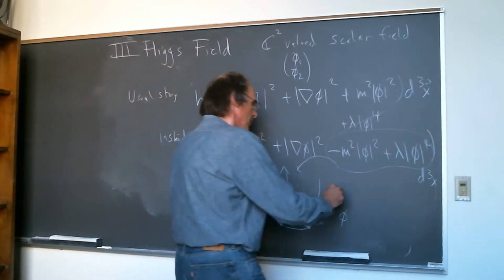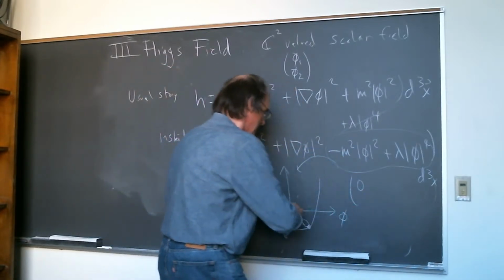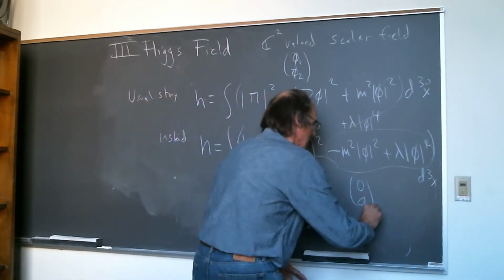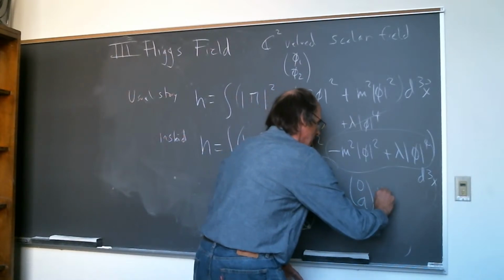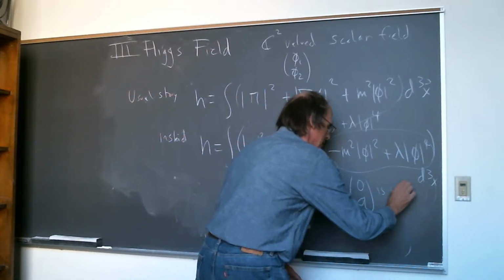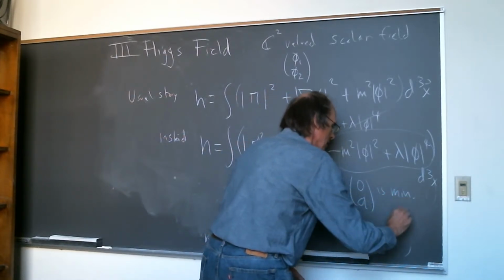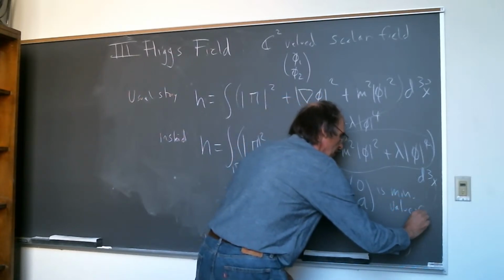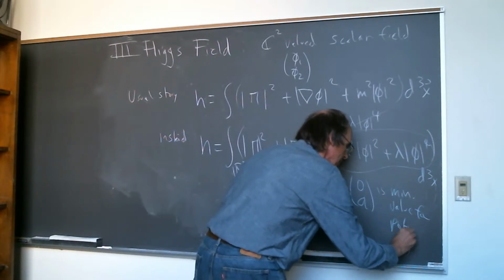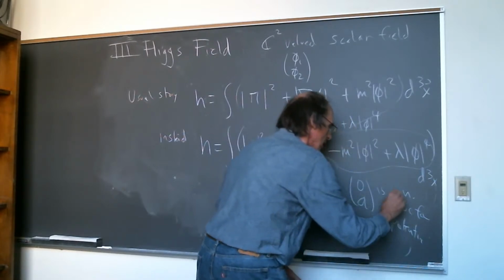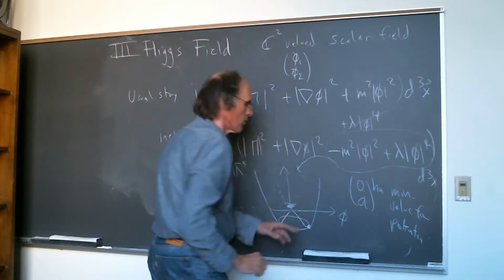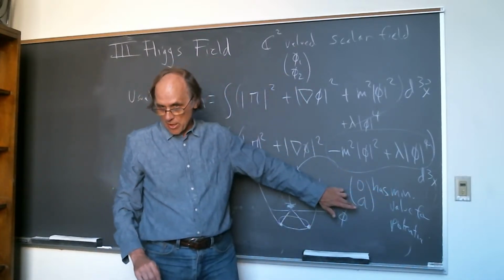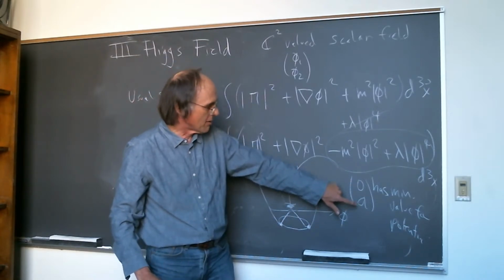You can set this up so that, let's say, 0A is a minimum value for the potential. Then instead of expanding around 0, 0, you expand around, let's say, 0, 0A.